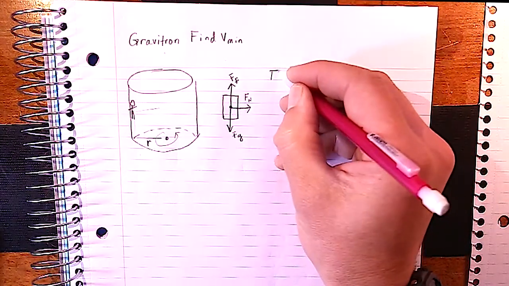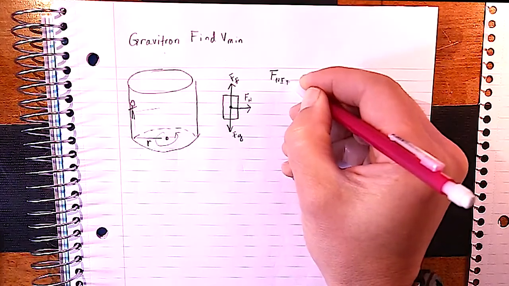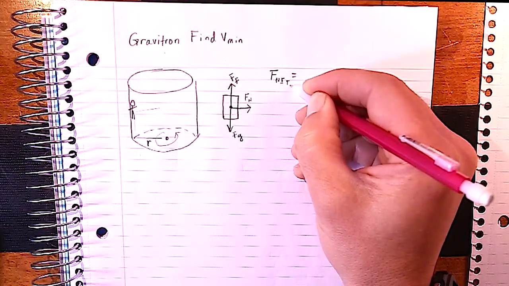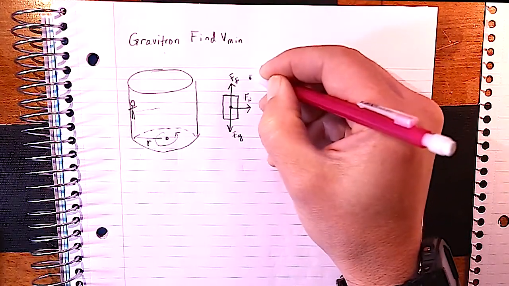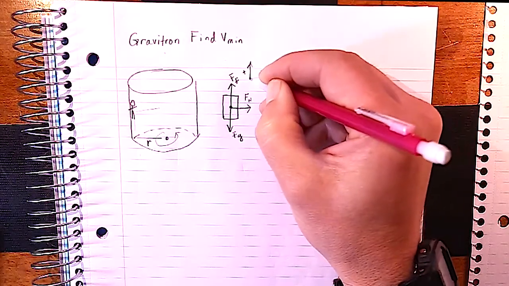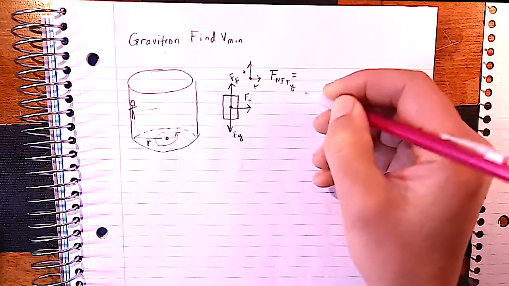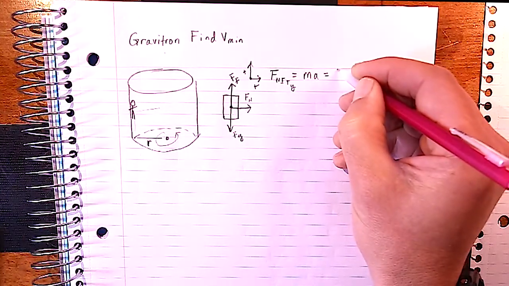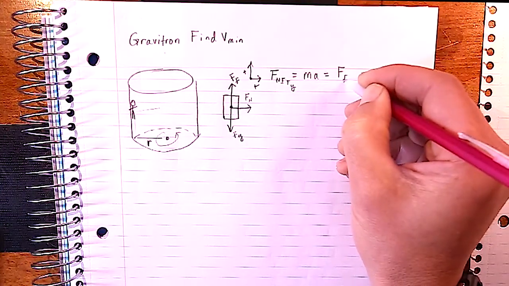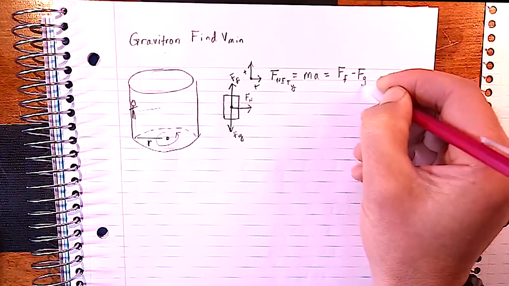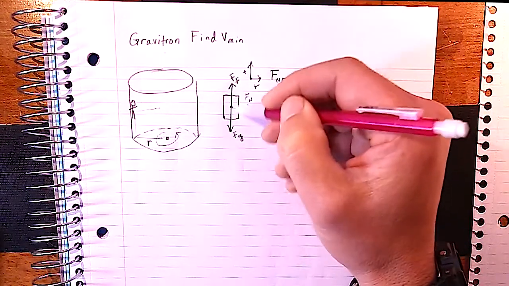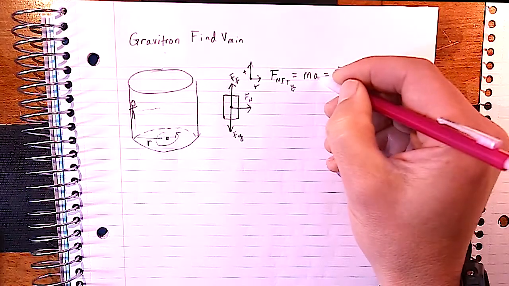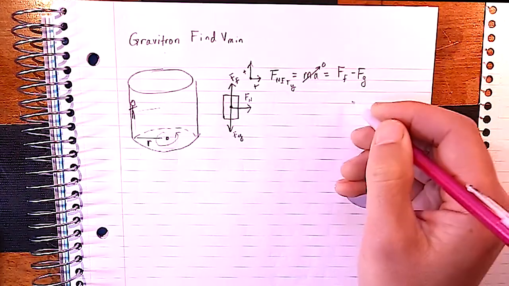So let's start out by writing a net force equation in the y direction. We're going to do like we did before. We're going to call up and to the right as positive. So we have Fnet equals ma equals Ff up minus Fg down, and there's no acceleration in the y plane, so a becomes 0.